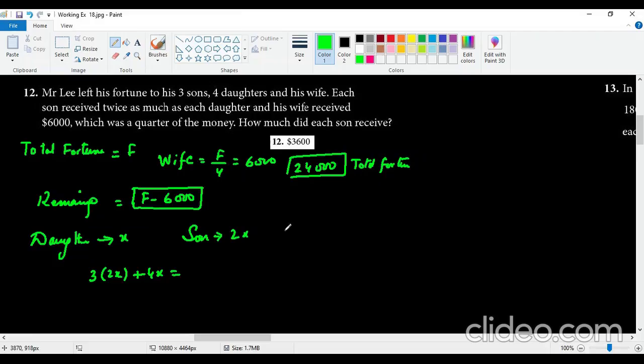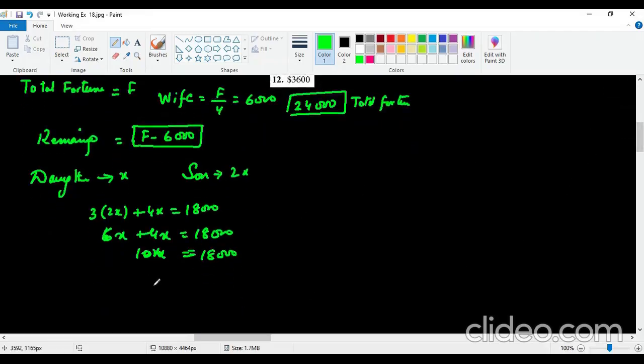Now in here it's going to be 18,000. That means 3 times 2 is 6. 6x plus 4x equals 18,000. That means 10x equals 18,000, and that means x will be equal to 18,000 divided by 10.